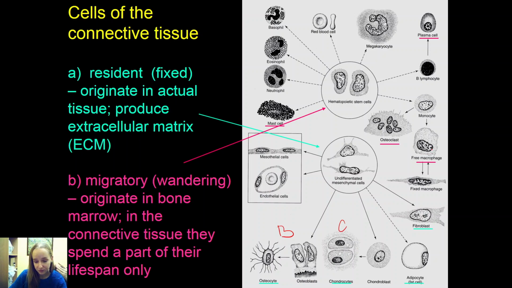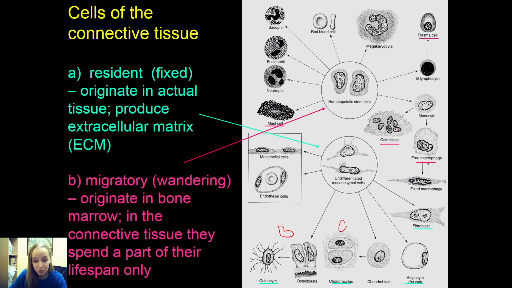In bone we can find osteoclasts. Normally you have many osteoclasts in the bone, resorbing the bone, transforming it. So osteoclasts are normal migratory cells in the bone.